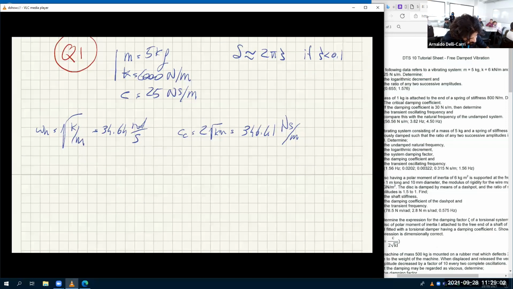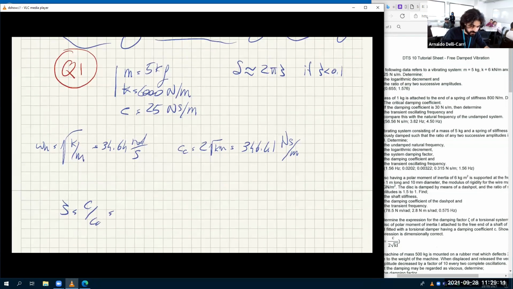Let's find zeta, C over C critical. C is 25 over 346.41. That gives 0.072. So this is greatly underdamped. It's very lightly damped. The zeta is smaller than 0.1, smaller than 10%. It's 7% of the critical one. So the system is underdamped.